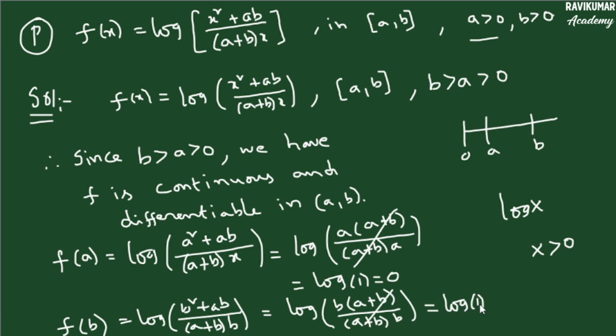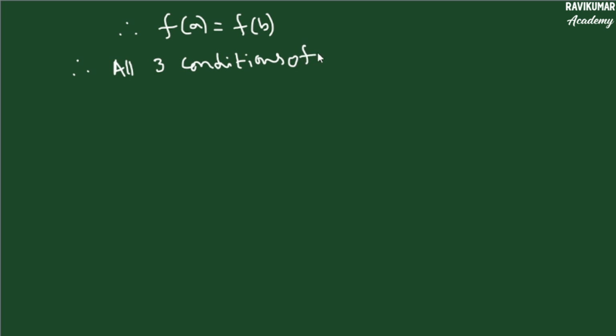Log 1 is again 0. So therefore, f of a is equal to f of b. That's all three conditions. Therefore, all three conditions of Rolle's mean value theorem are satisfied.